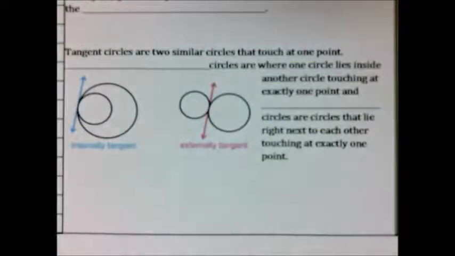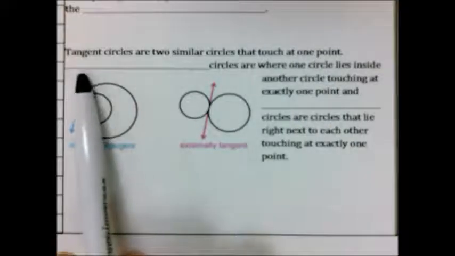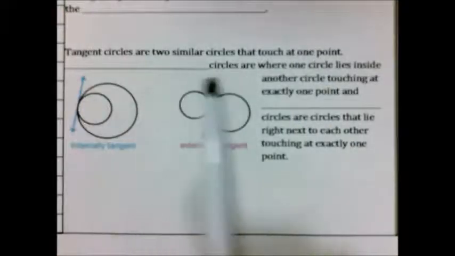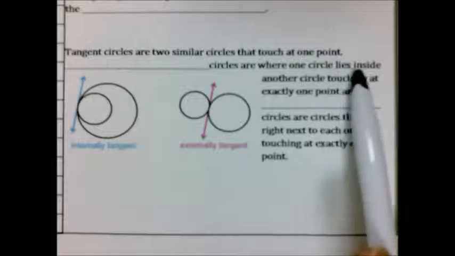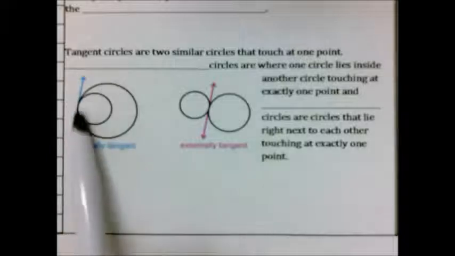So now there are 2 types of tangent circles. Tangent, remember, is where it connects at 1 point. So tangent circles are 2 circles that touch at 1 point. The first one says blank circles are where one circle lies inside another circle touching at exactly 1 point. Those are internally tangent.